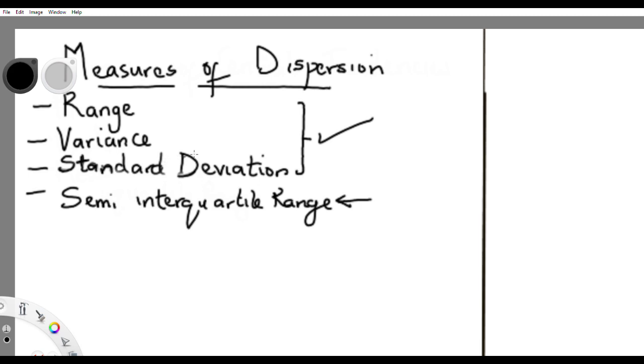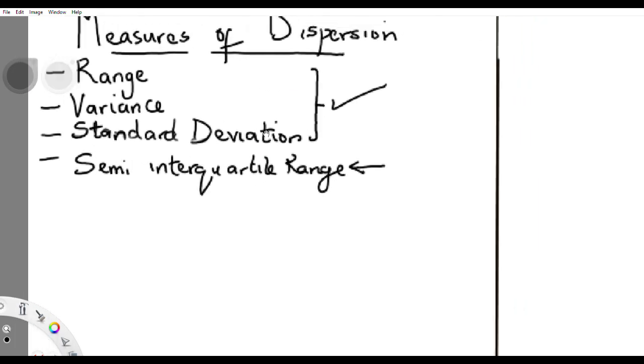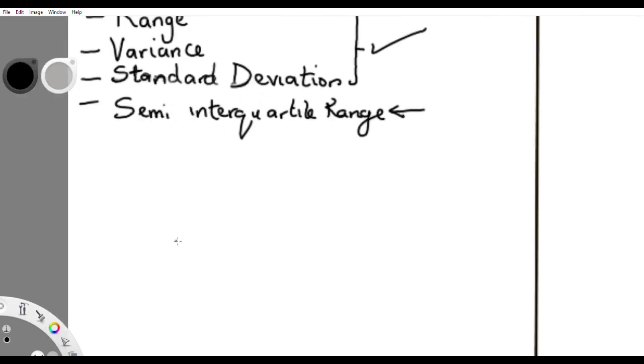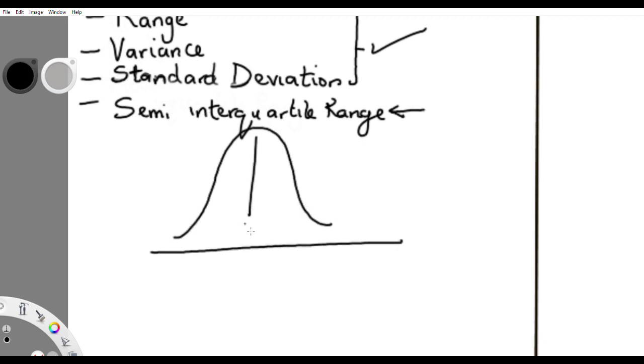Okay. Now, going into the measures of central tendency and measures of dispersion, we've treated measures of central tendency, where we explained that they tend to find the value that lies at the center of the distribution. This is a normal distribution. Then the value that lies at the center, they tend to find that.